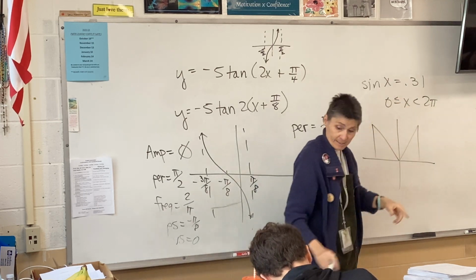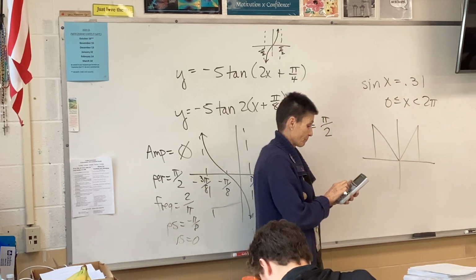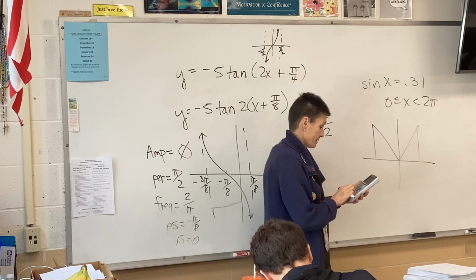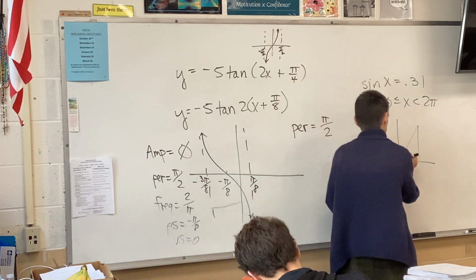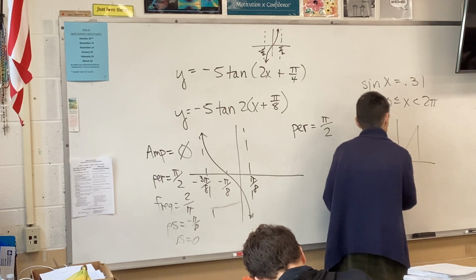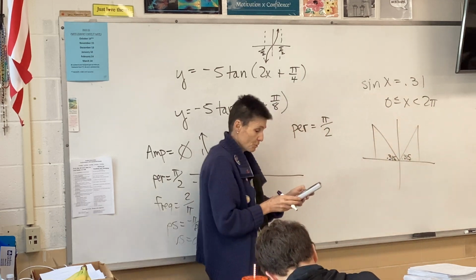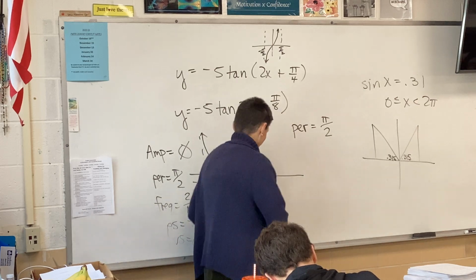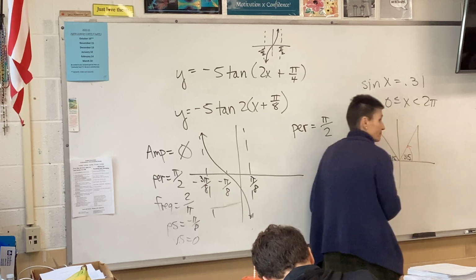Now, second sine 0.31. Make sure you're in radians. Second sine 0.31. I got 0.315. I'm just randomly rounding. Is that what you got? Now your answers, remember, are the angles in standard position.